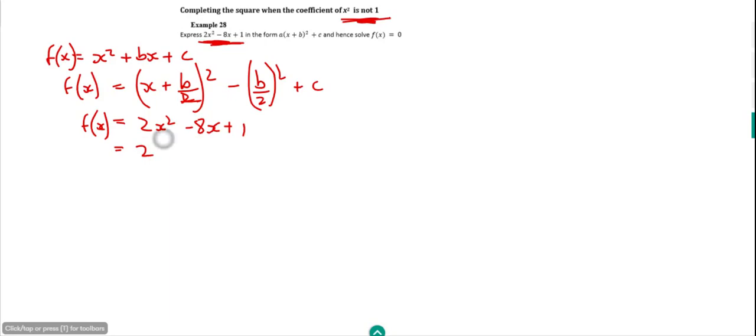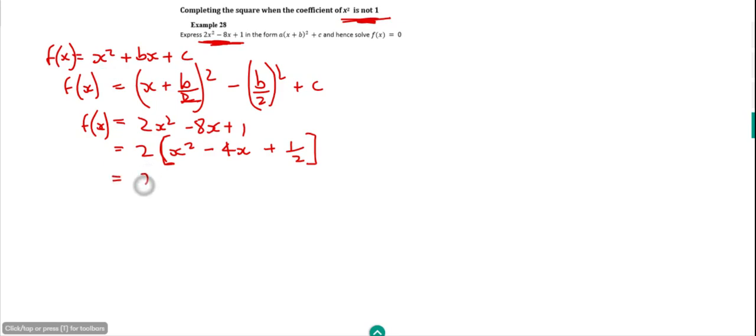So I'm going to have 2 times, I'll use a square bracket at this moment, x squared, and then this is now going to be minus 4x, and this is going to be a half. So now the bit in the square brackets is in a format where I can apply the completed square.